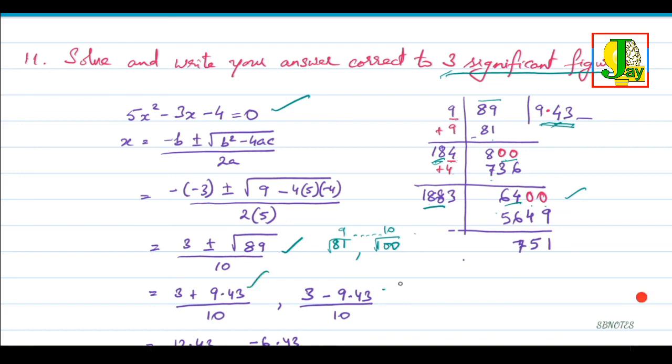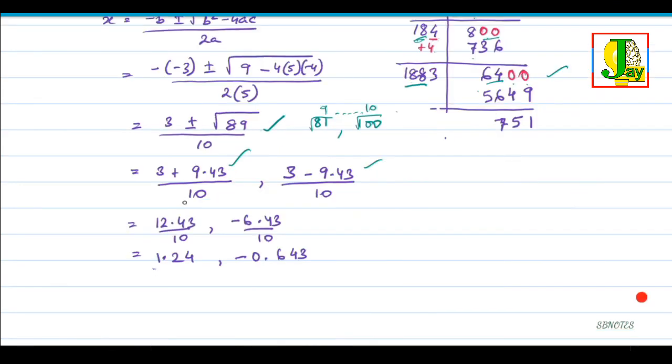Once we are adding and once we are subtracting, on adding we get 12.43 by 10, and here we get minus 6.43 by 10. So on dividing again by 10, the point moves one place to the left. Here also one place to the left. So I get 1.24. Again we are not writing 3. Remember, the reason is we need only 3 significant figures.